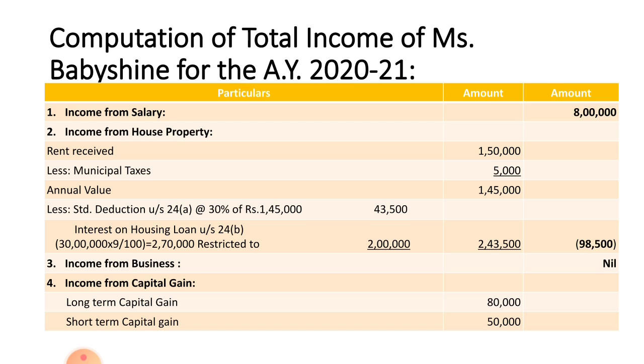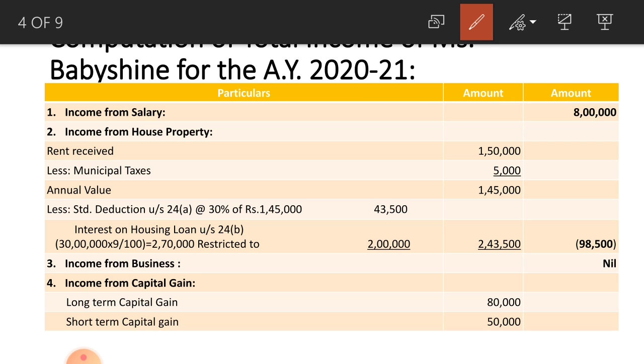Income from salary 8 lakhs given. Income from house property, rent received 1,50,000. From this you have to deduct municipal taxes paid 5,000, that is local tax paid. You get annual value as 1,45,000. From this annual value you have to deduct two things. First one, standard deduction under section 24(a) at 30% of rupees 1,45,000, that amounts to 43,500, and also interest on housing loan under section 24(b). Calculation is given.